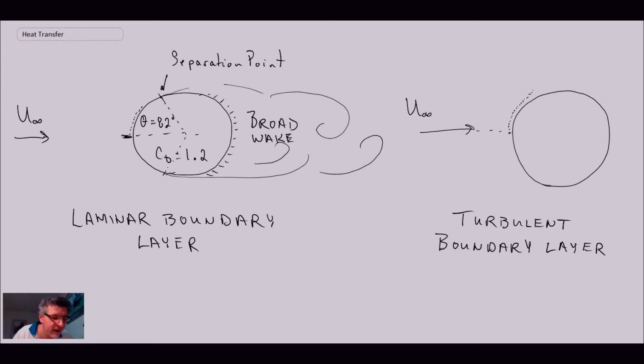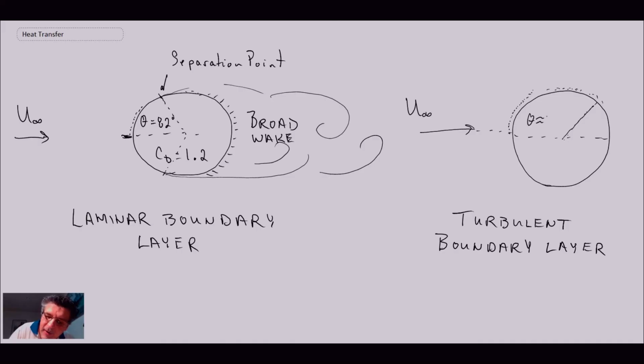The boundary layer is forming around here, but let's say it then goes through transition. It becomes turbulent. When it goes to turbulent, what happens is the separation point, the flow is actually able to make it around the top of the cylinder. Here it is not. It separates before it gets to the top. But for the turbulent boundary layer, it's actually able to make it around the top of the cylinder. It's coming around to the backside. And at about 120 degrees, that's where we find separation for the turbulent boundary layer.